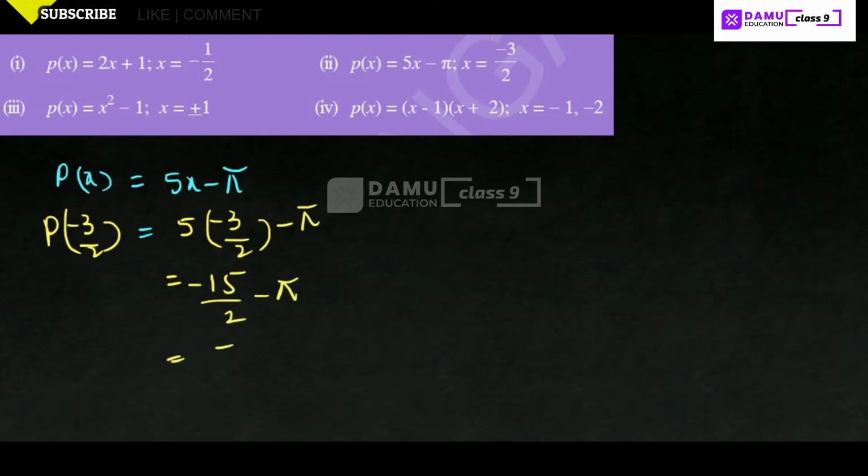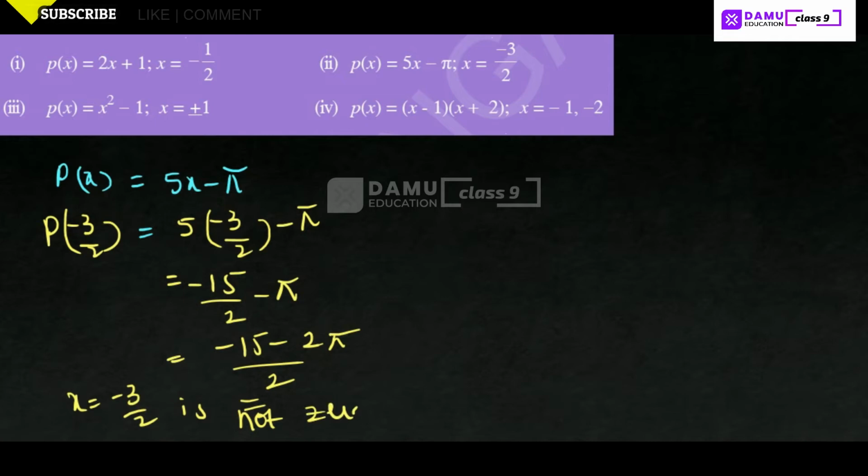Let's take the LCM, minus 15 by 2 minus pi. So we cannot get 0 as the answer here. So x equals minus 3 by 2 is not a zero of p of x equals 5x minus pi.